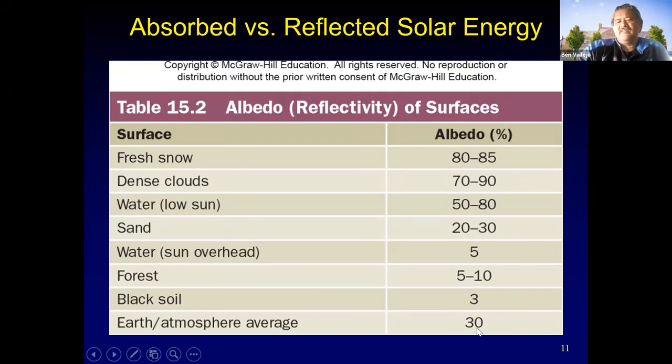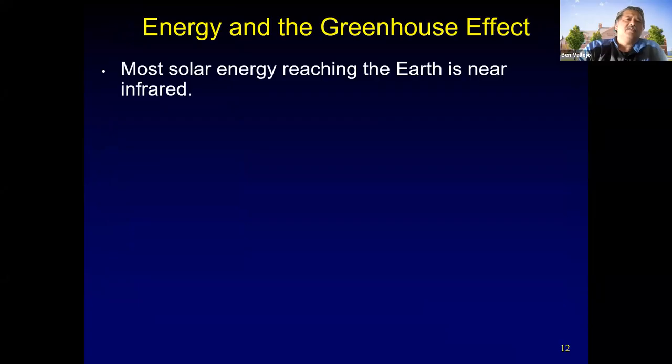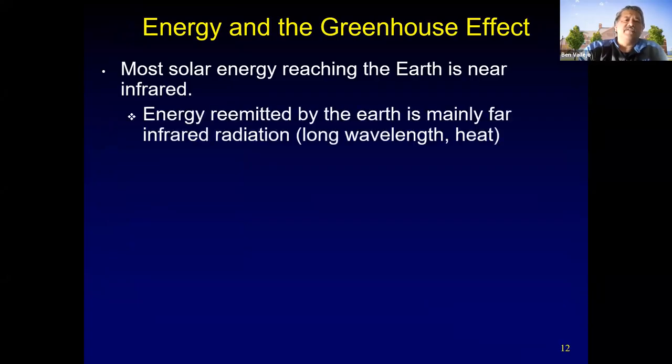That means if the reflection is 30, 70% is going to be absorbed, and then as it comes back from the ground, it's going to be coming back as heat, which is a form of energy. Most solar energy reaching the Earth is near infrared, and when it comes back up into the atmosphere, it's going to come up as heat. Energy emitted by the Earth is mainly far infrared radiation, and there it is right there. It's heat.